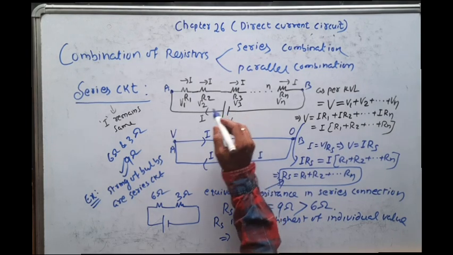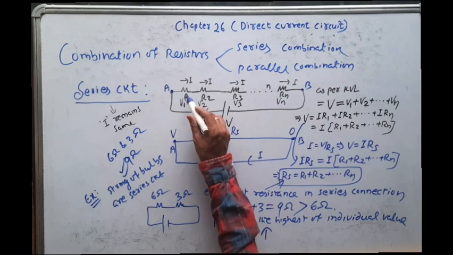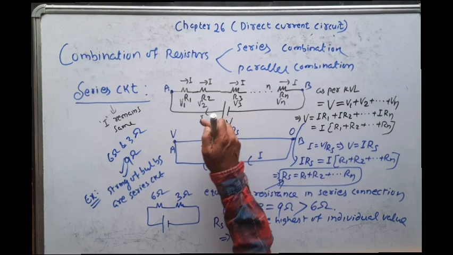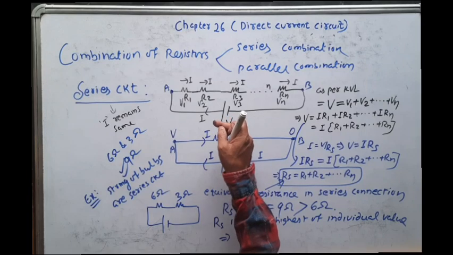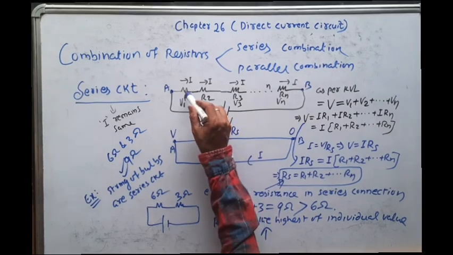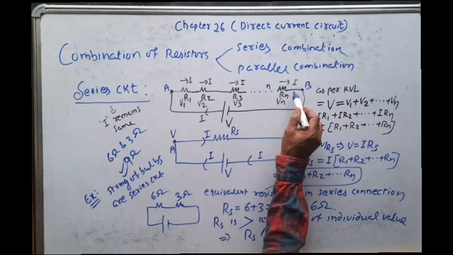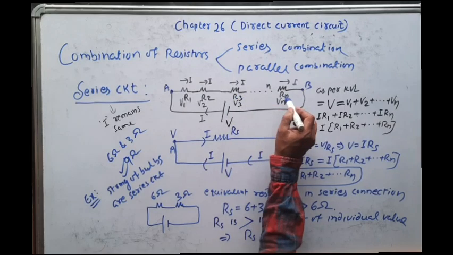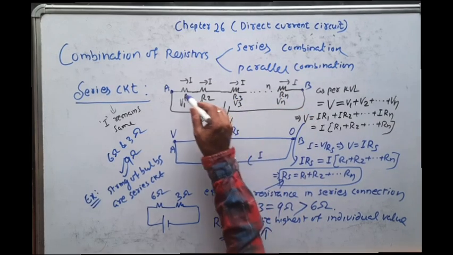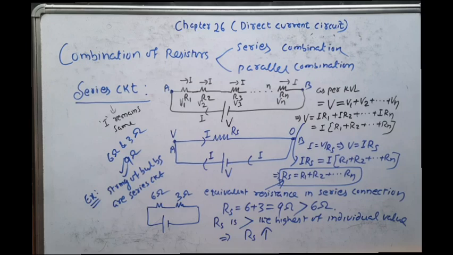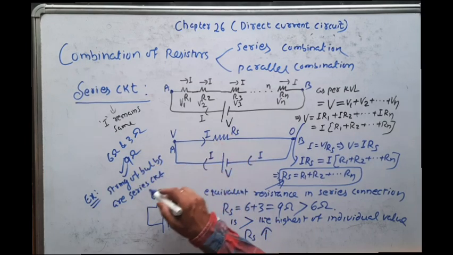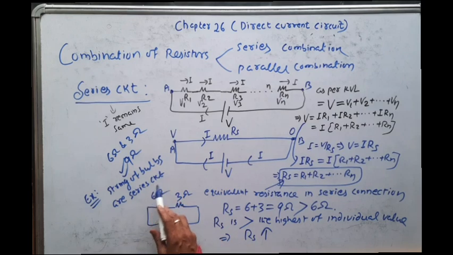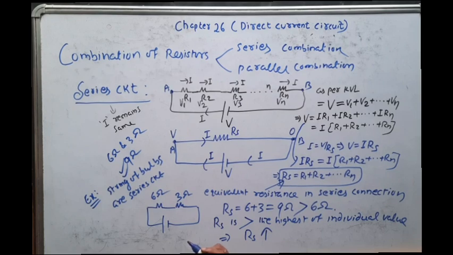If I connect that 1 volt bulb across this 100 volt, the bulb will burst. The bulb will fuse. So in that case, if you connect 100 bulbs in series, then each bulb voltage will be 1 volt, 1 volt, 1 volt like that. That means voltage will be divided across each resistor in the series circuit. So this is the example of a string of bulbs connected in which circuit? Series circuit. I think it is clear.